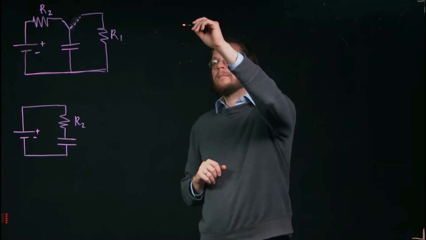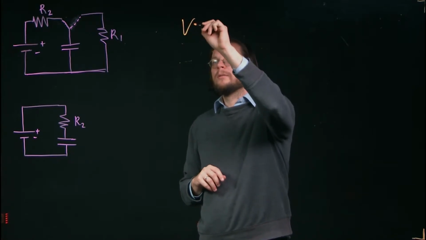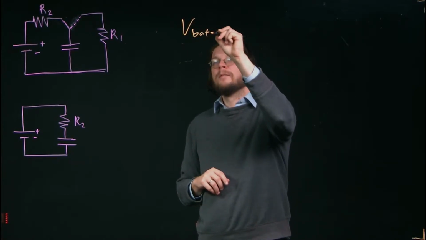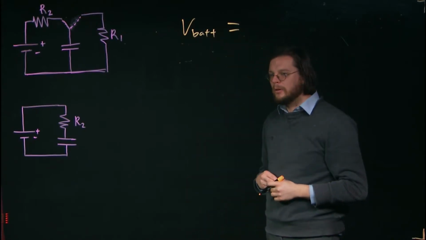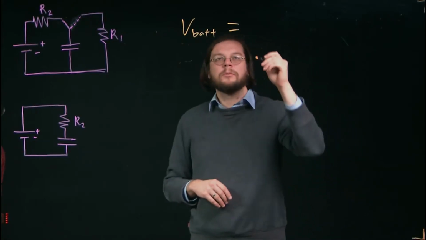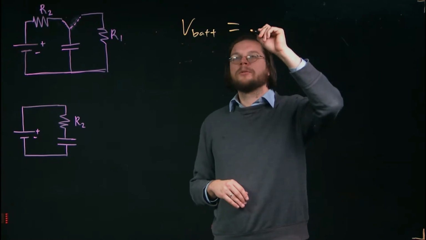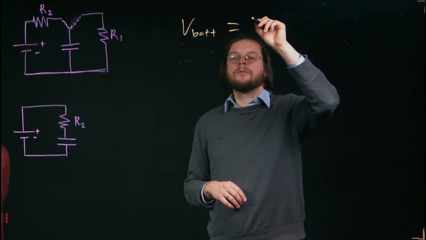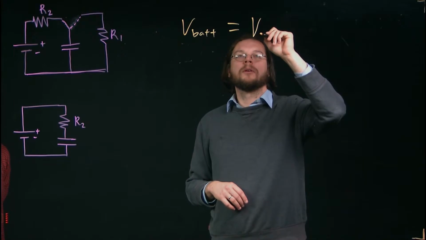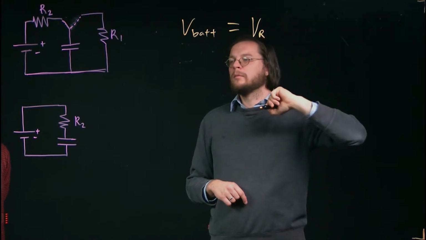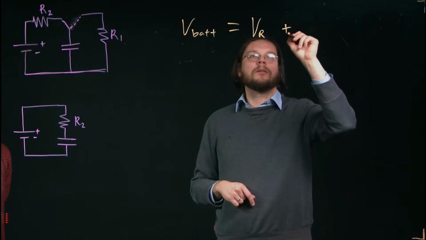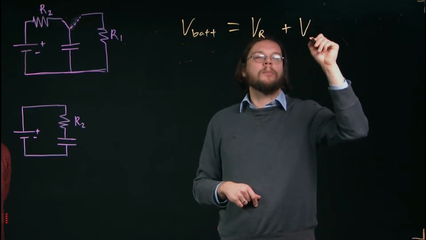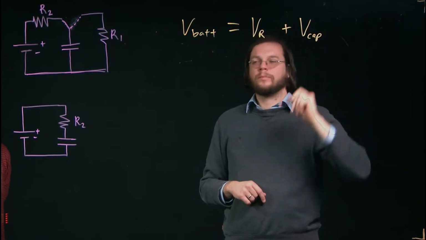So you can write it this way: V battery. This is how I like to do circuit problems. It's a little simpler than Kirchhoff's loops. So the voltage drop across the battery equals the voltage drop across the resistor, plus the voltage drop across the capacitor.